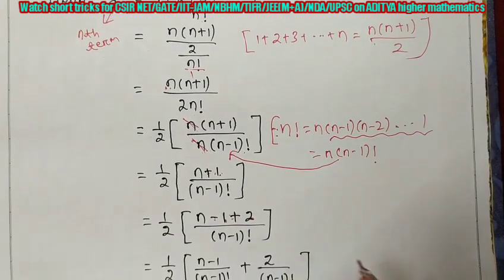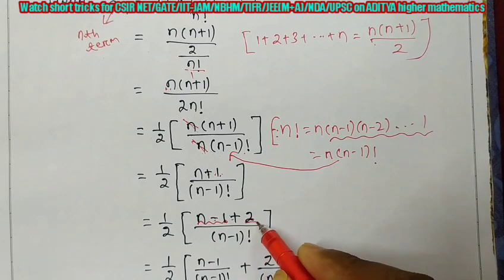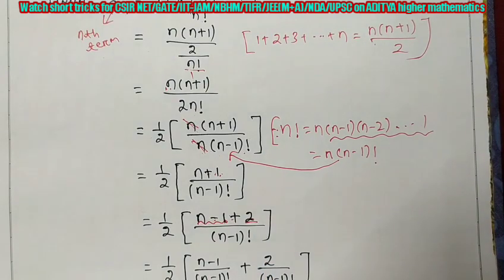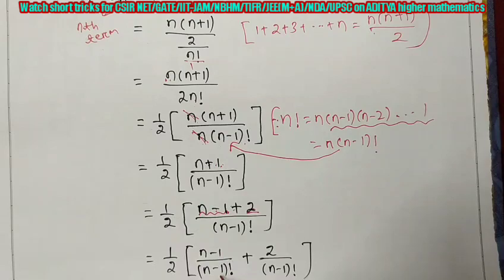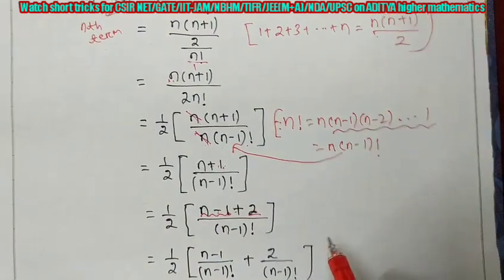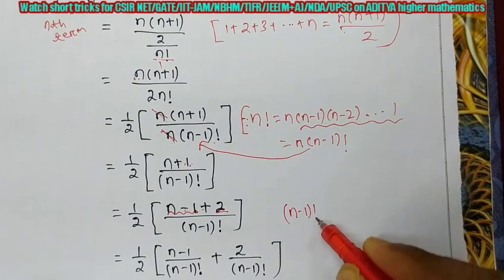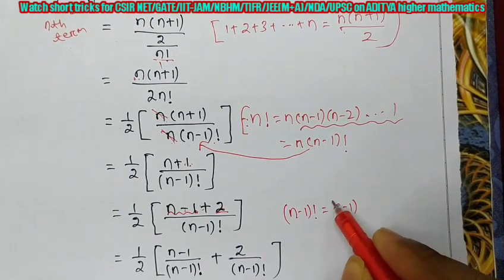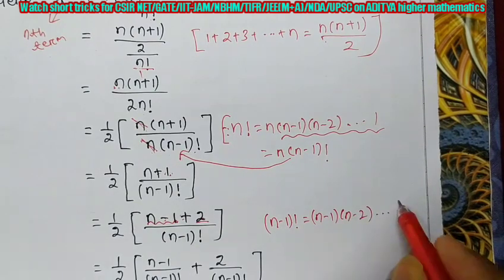Okay. So now you separate these terms. Since it is n minus 1, we are separating the two terms. So n minus 1 by n minus 1 factorial and 2 by n minus 1 factorial come. Then again we will do like what I have done here. n minus 1 factorial we can write like this: n minus 1 into n minus 2 up to 1.